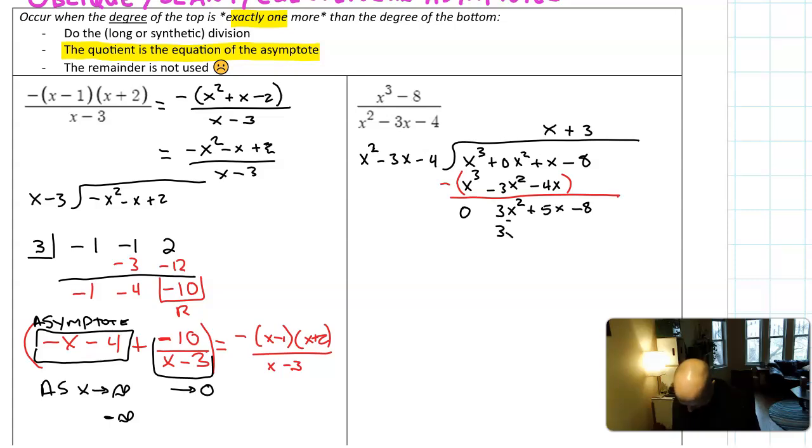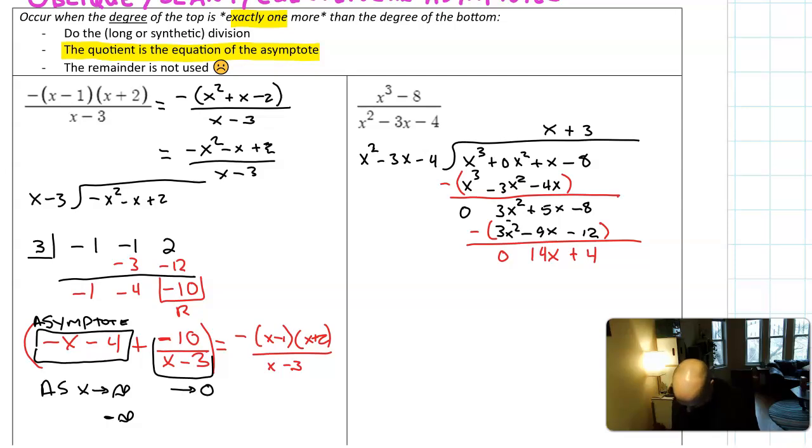So we get 3x squared minus 9x. And then negative 3 times 4 is negative 12. We're going to subtract those terms down and get 0. Minus minus 9 is 14x, and minus minus 12 is 4.